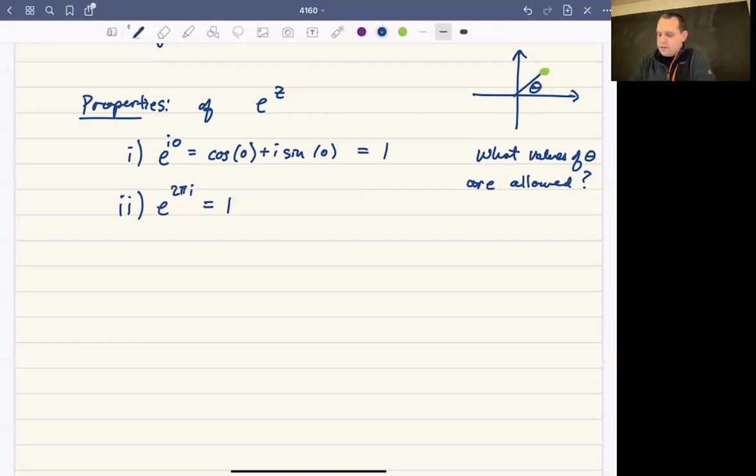Okay, and so anyways, these are some properties so far. If I were to determine the magnitude of e to the i theta, it's just this number, cosine theta plus i sine theta.